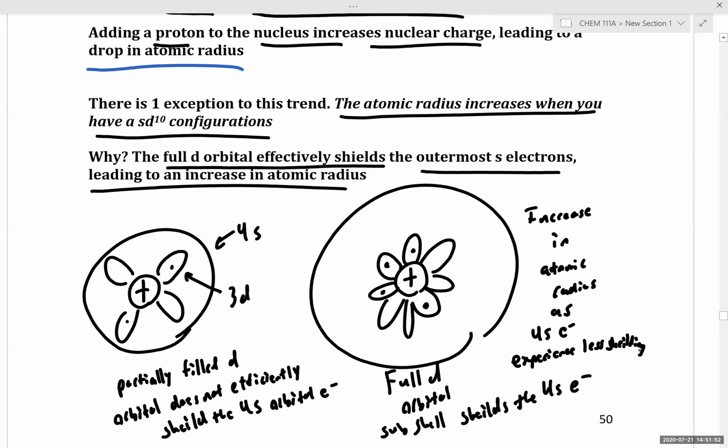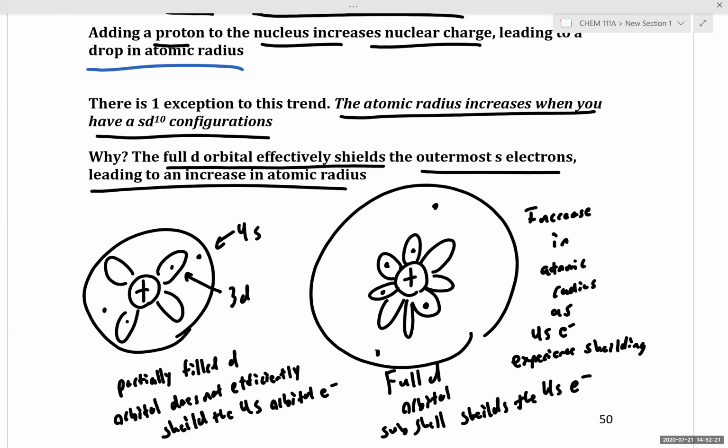Because these outermost electrons are experiencing this strong shielding effect, they experience a weaker attractive interaction with the nucleus, and as a result, our atomic radius increases. So the d subshell is not very effective at shielding unless it's completely full.